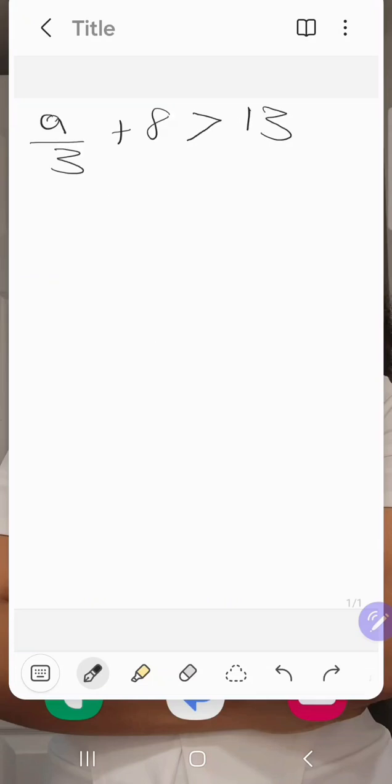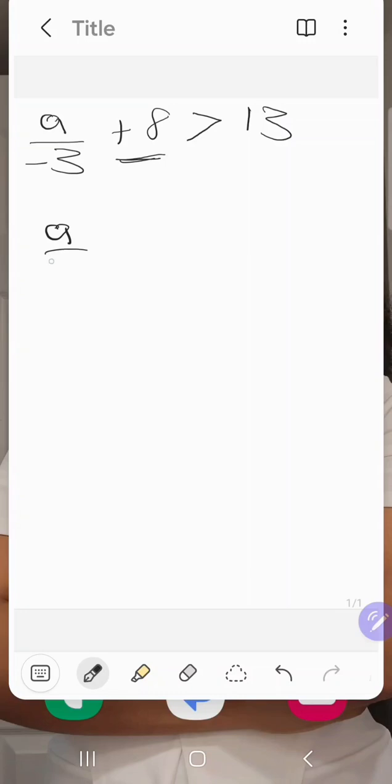Okay, so example number 2, we have a over negative 3 plus 8 is greater than 13. Again, we undo addition or subtraction by applying the opposite operation. Here, we want to get rid of the positive 8, so we have to subtract.